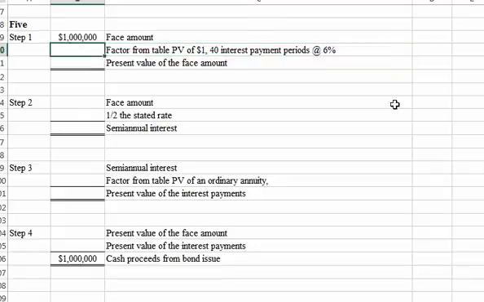Okay, so we'll go to the table, present value of $1. It's again on P2. Come down to 40 periods and across to 6%. Got 0.09722.